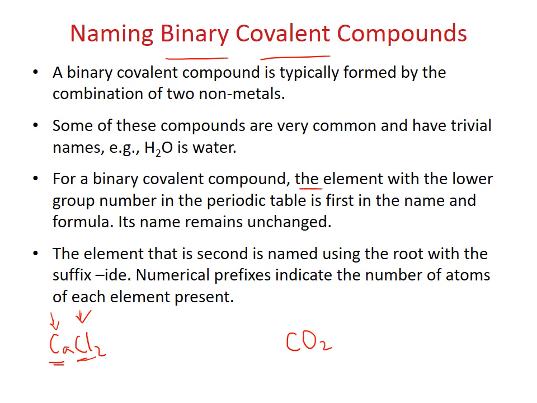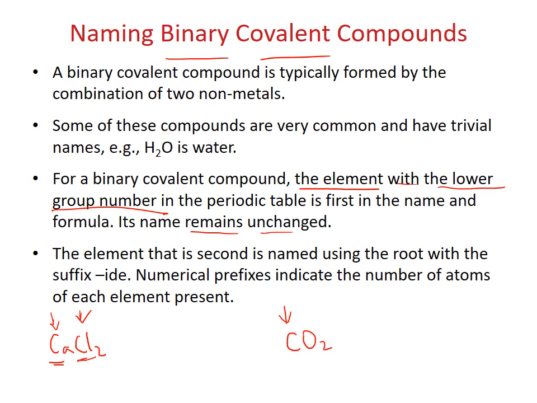You choose the element with the lower group number first. In this case, carbon is group 4, oxygen is group 6. So group 4 first. So you name it carbon. The name remains unchanged. So that's similar to the ionic compound, but instead of cation, you use the group number.